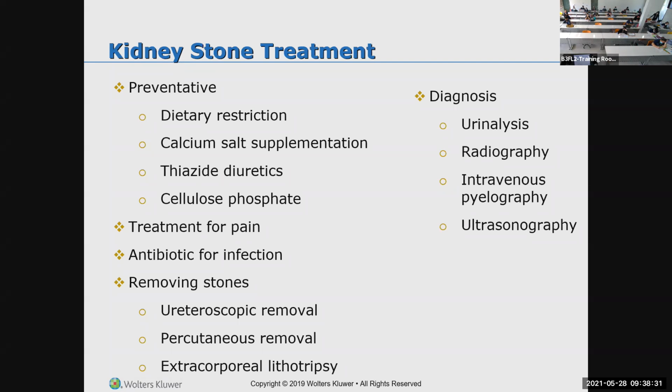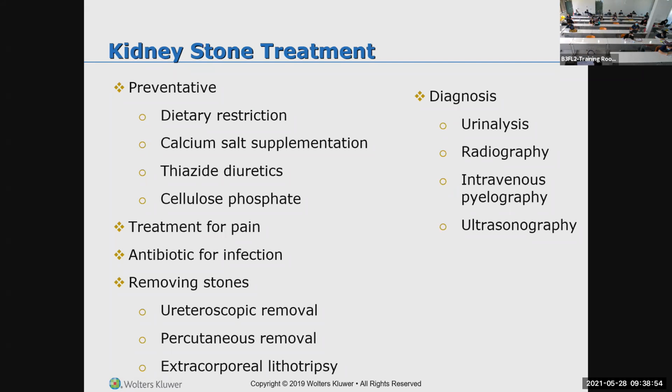That's what I said: preventive dietary restriction, calcium salt supplementation, thiazide diuretics, which is a water pill, and cellulose. For a patient suffering from pain, we need to prescribe some pain medication.